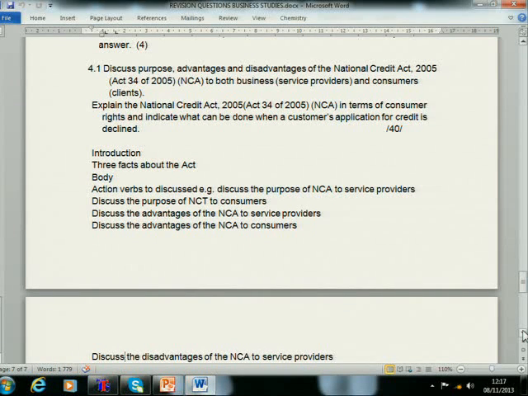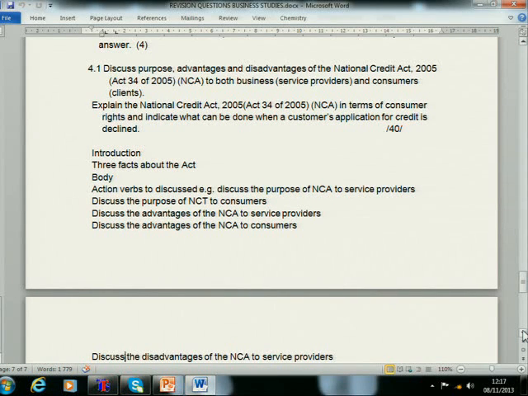Discuss the purpose of National Credit Act to the service providers. Discuss the purpose of National Credit Act to consumers. Discuss the advantages of the National Credit Act to service providers. Discuss the advantages of the National Credit Act to consumers.